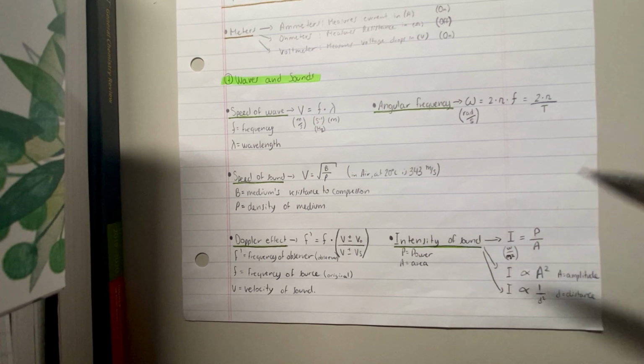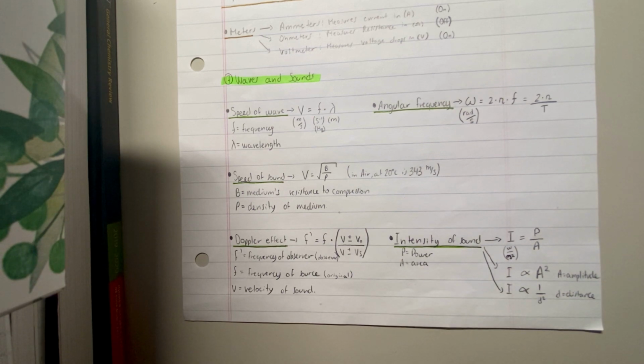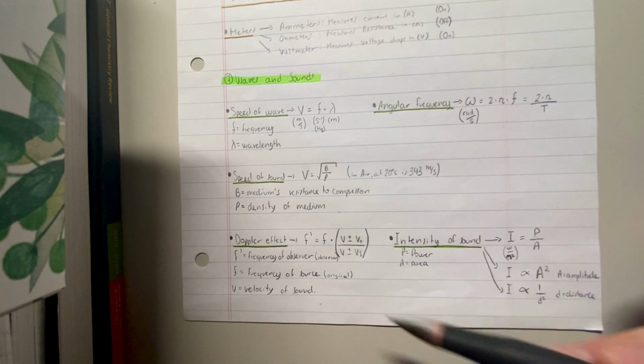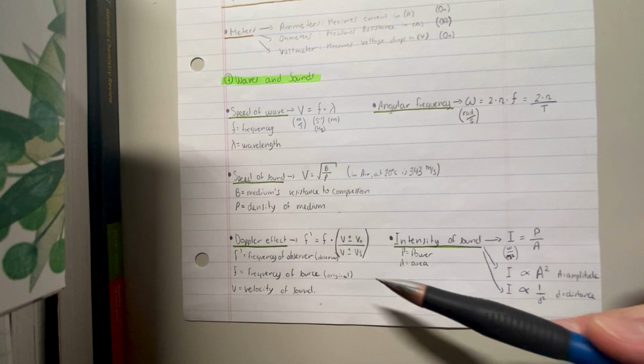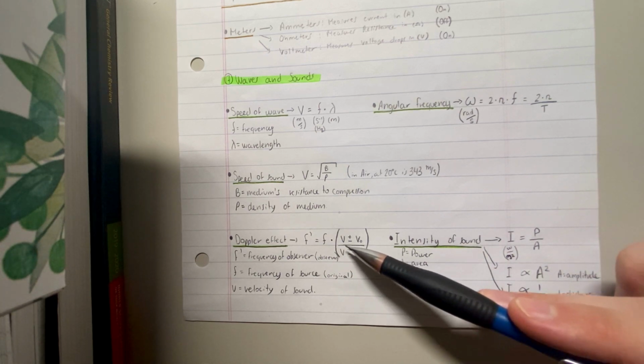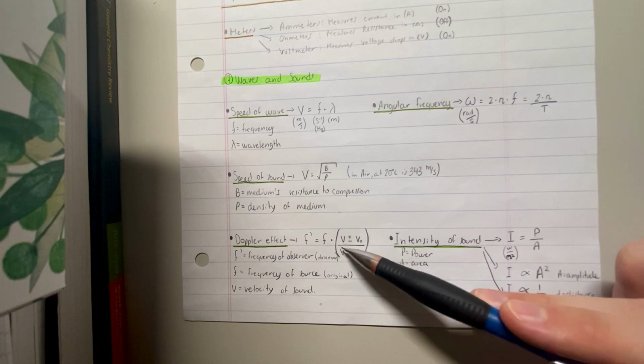If, on the other hand, the source is moving towards the observer, the observed frequency is also going to be higher, but for a higher observed frequency, we would need a smaller denominator.